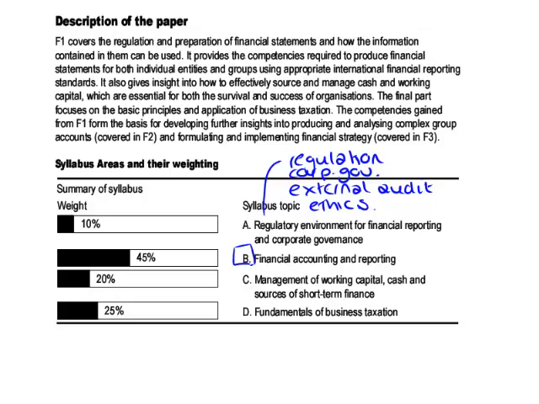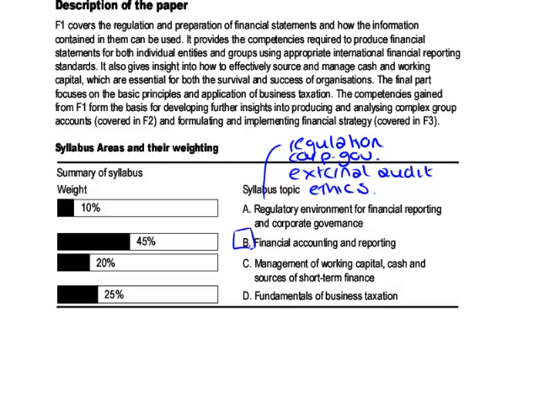The next syllabus topic is syllabus area C, and what you're looking at here is management of working capital, cash and sources of short-term finance.